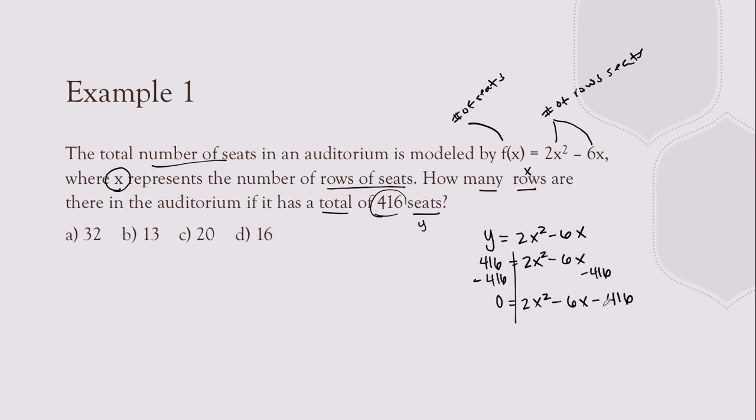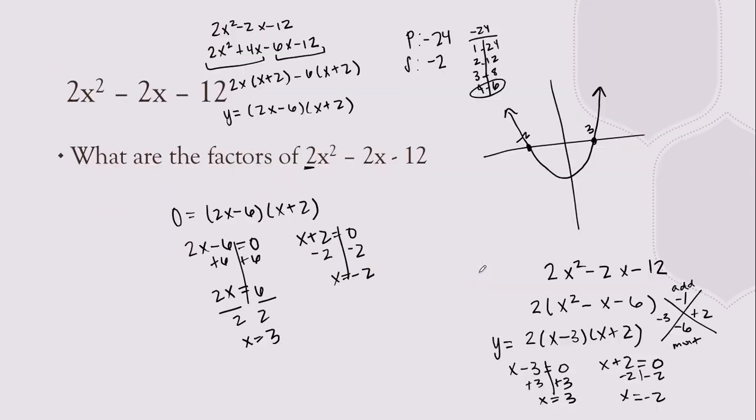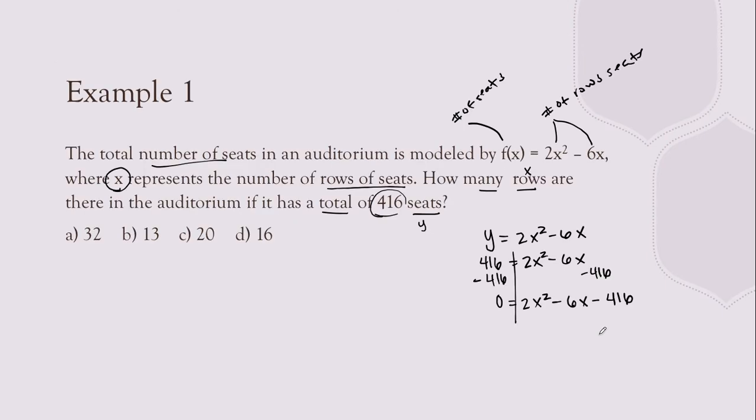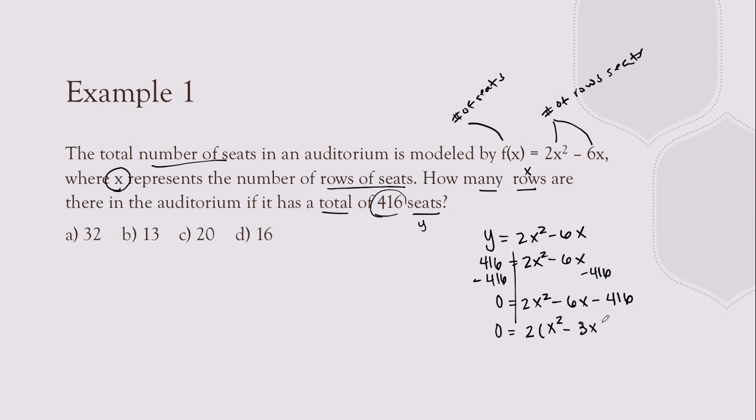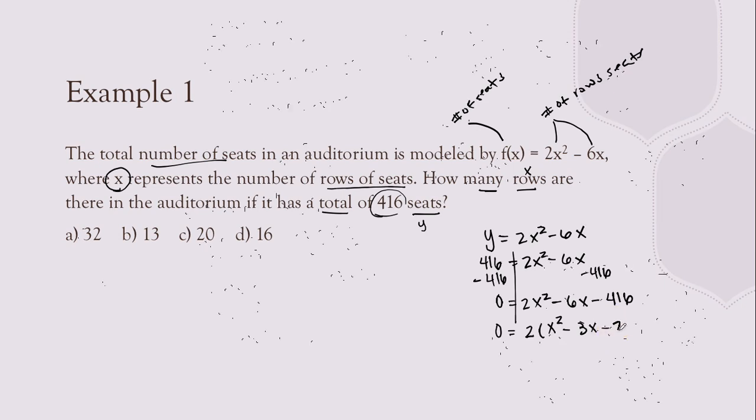So hopefully you did pause the video. I'm going to factor this using what I showed you over here. Because all of these numbers are divisible by 2, I'm going to just divide 2 out of this quadratic, giving me x squared minus 3x minus 208.